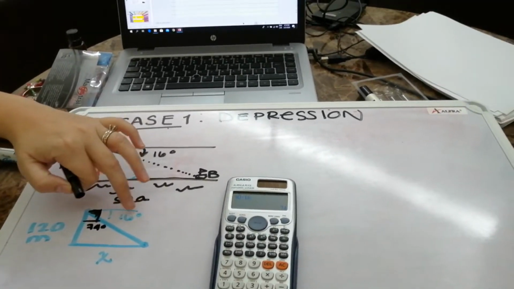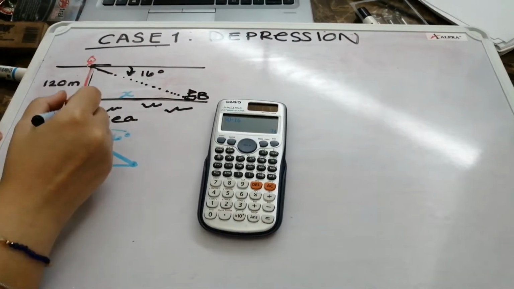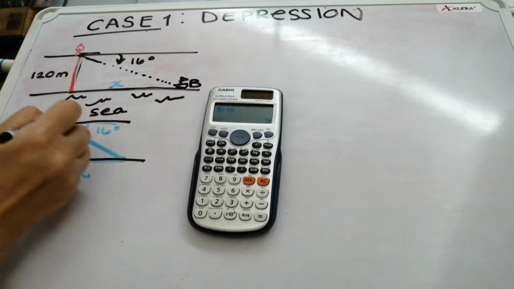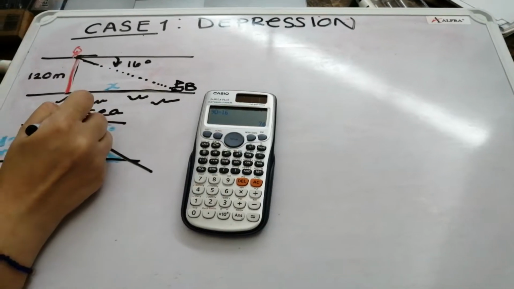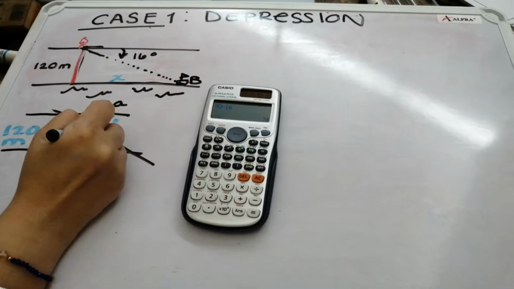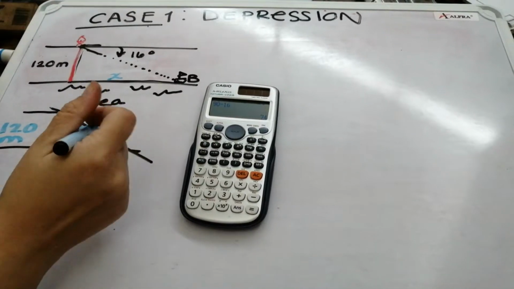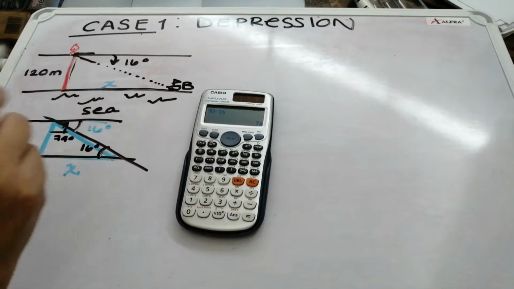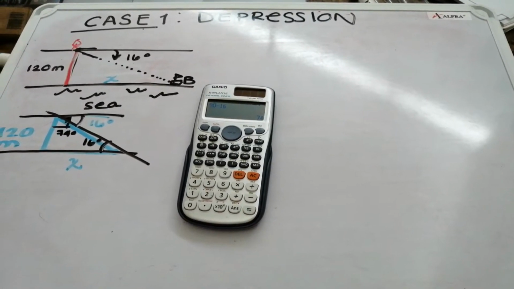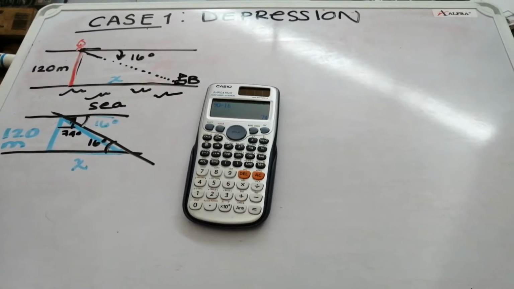But I also know that when I have two parallel lines and I have an angle, the opposite angles are the same. So this angle right here is 16 degrees. So I can use both of them.